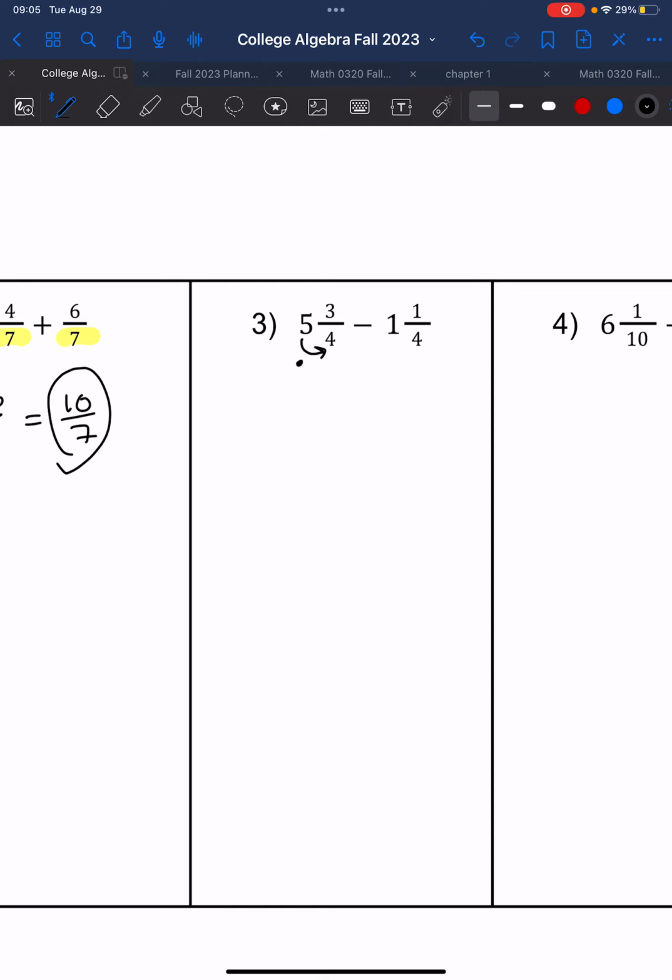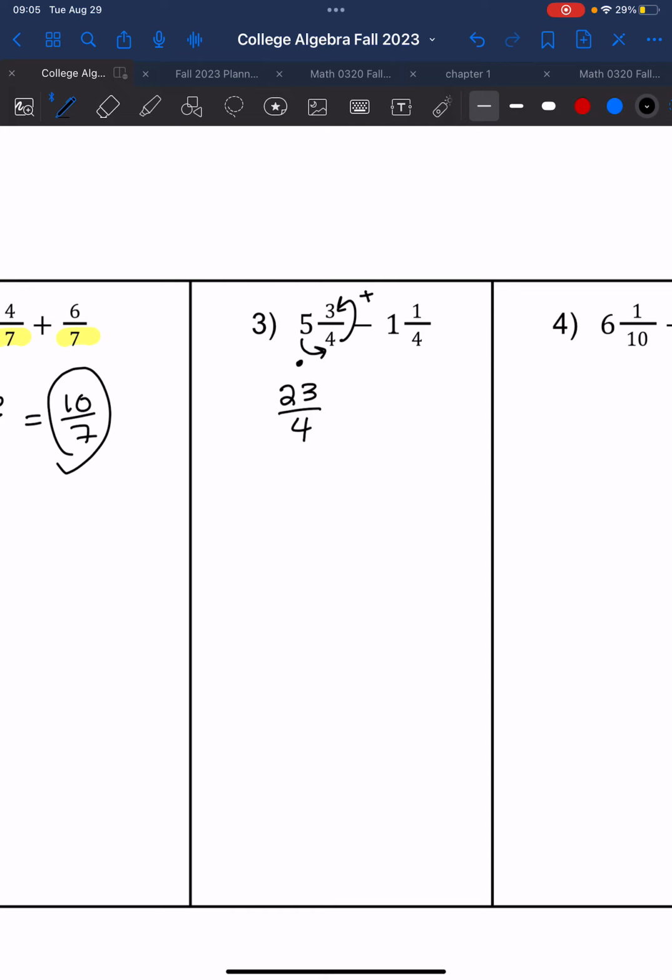And then whatever answer we get here, we are going to add that to the numerator. And that is going to be our new numerator. So for example, 5 times 4 is 20. 20 plus 3 is 23. So this is now 23 over 4. So 5 3/4 is the same as saying 23 over 4.